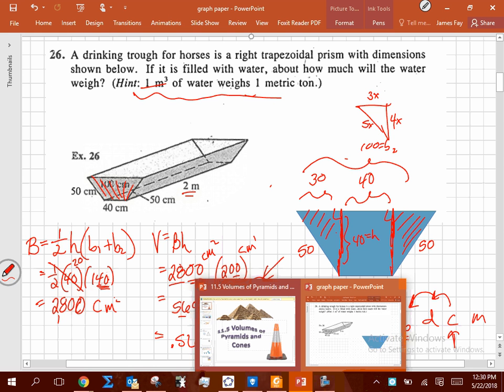There are other ways of approaching this. Can we change everything from centimeters to meters and then work that way? Anybody do that? That's perfectly fine. We could do the work that we did by changing 2 meters to 200 centimeters, and then take our 1 cubic meter of water weighs 1 metric ton, and convert that into seeing how much 1 cubic centimeter of water weighs.